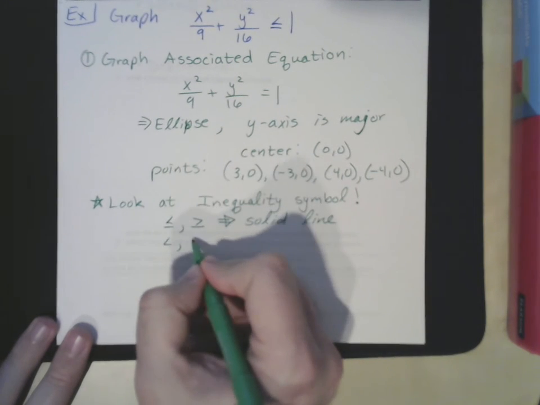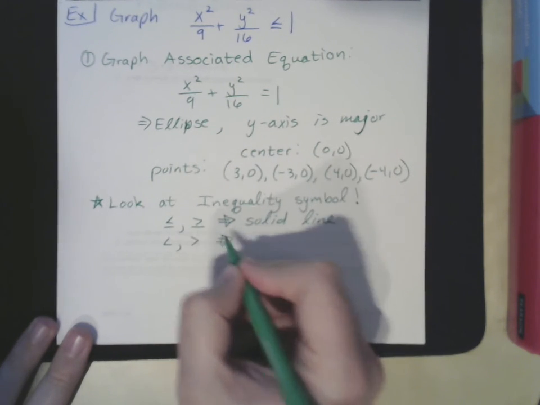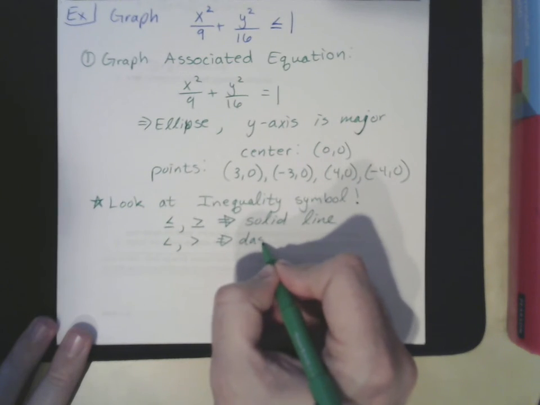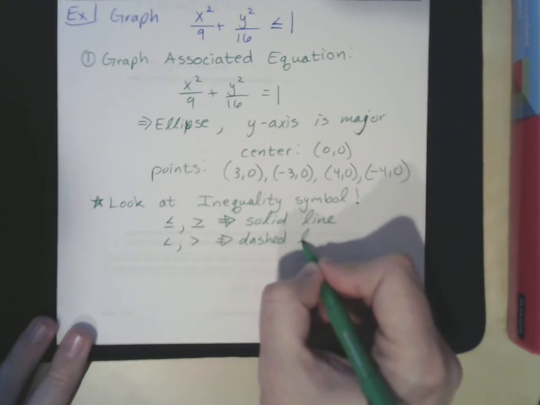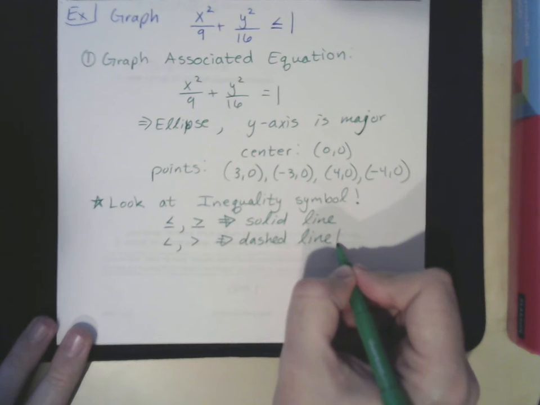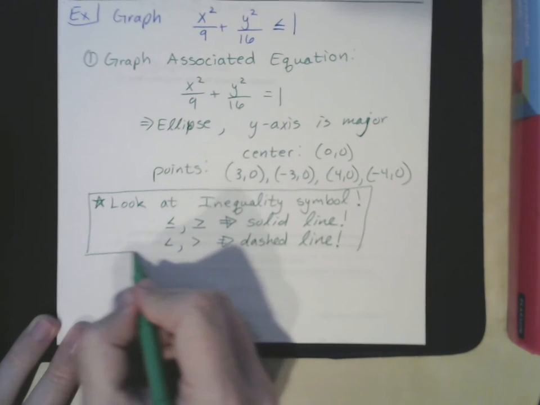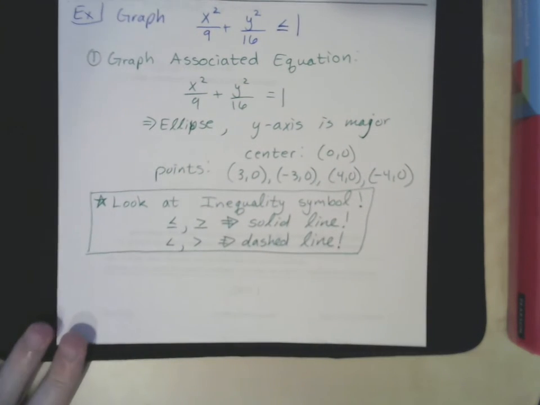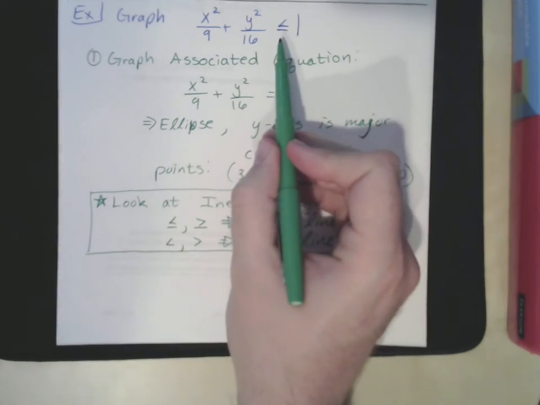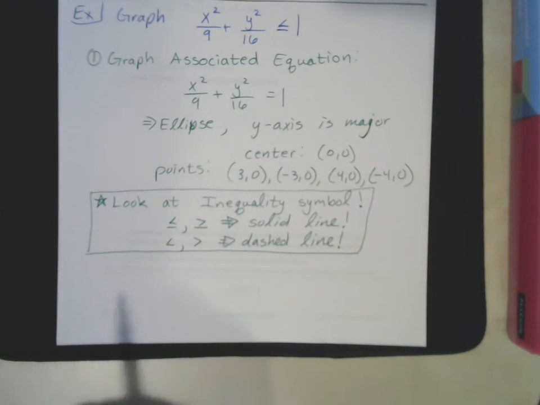If it's just less than or greater than, we have a dashed line on our graph. We did talk about this when we did linear inequalities, but make sure you box that up or make note of it somehow in your notes because this is important. So for us, we have less than or equal to, so we're going to have a solid ellipse.